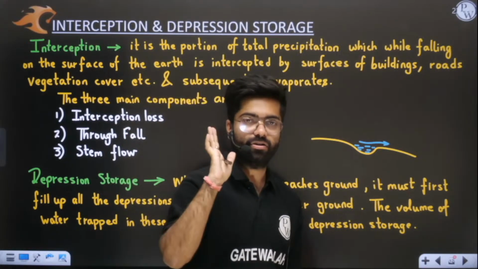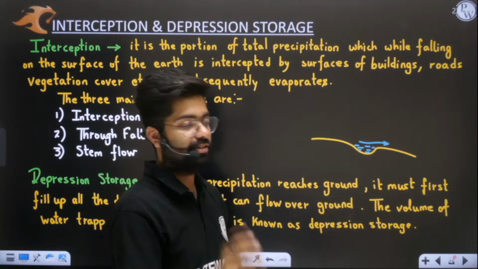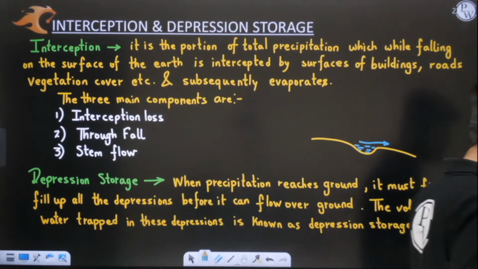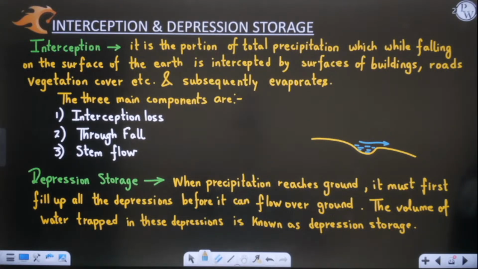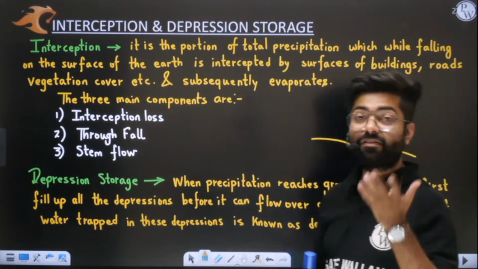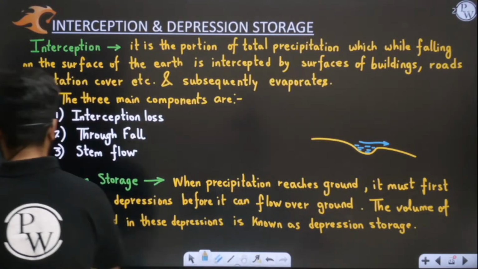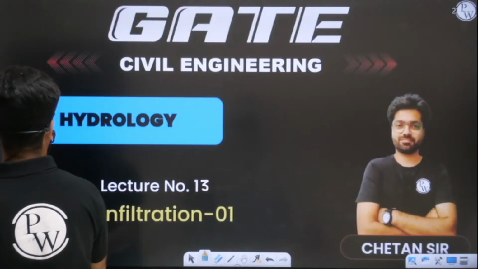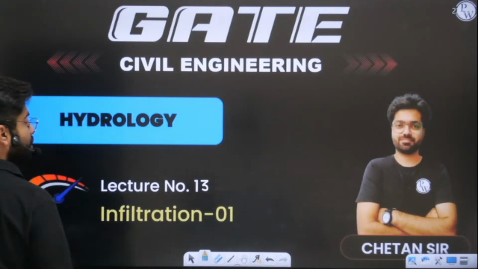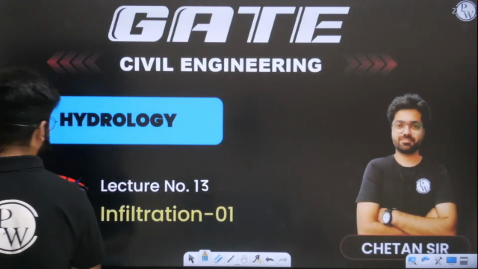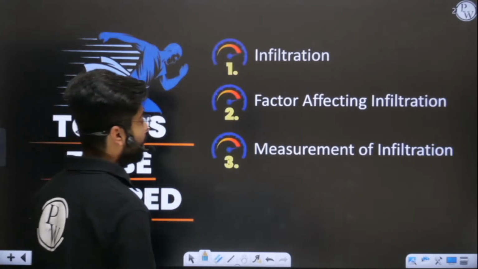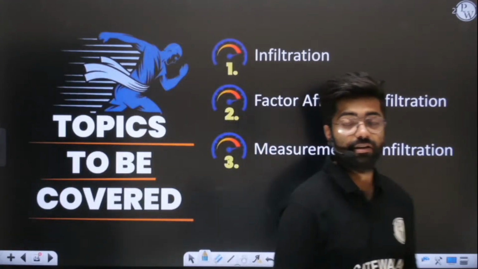Now only a single loss is left, which is infiltration, the last one, the most important one. So we'll discuss it. Before starting, everyone kindly tell me what infiltration is. We have to start infiltration now, and today we have to discuss the infiltration topic: the factors, how we measure it, how it will be affected.